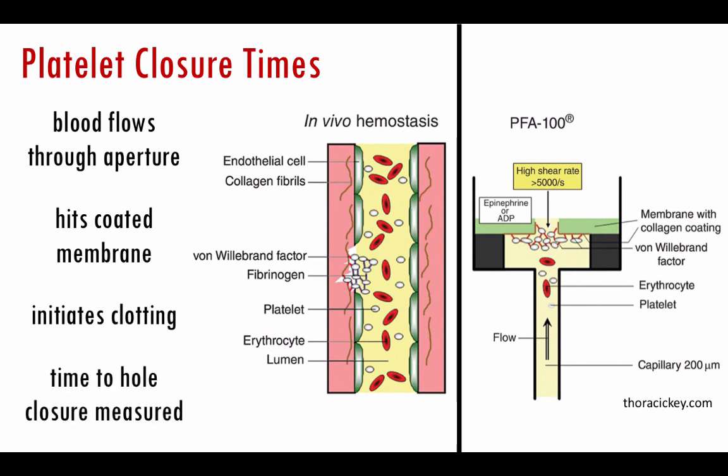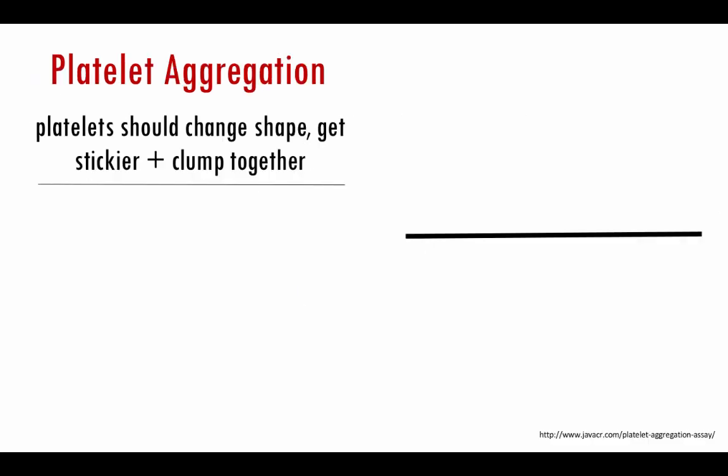How long does it take the hole to actually close if the platelets are working? If you have enough and everything's working fine, it'll take X amount of time. But if you're missing platelets, or you're missing a protein or there's another issue, then this will obviously take a little longer than normal. So this is looking at how long it takes platelets to close a gap when it is present in the bloodstream or in tissue damage somewhere.